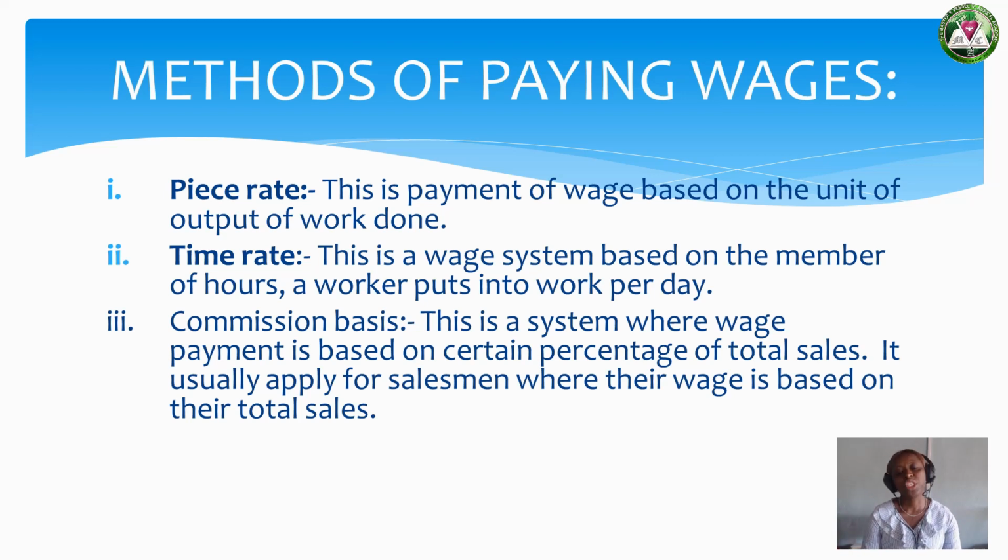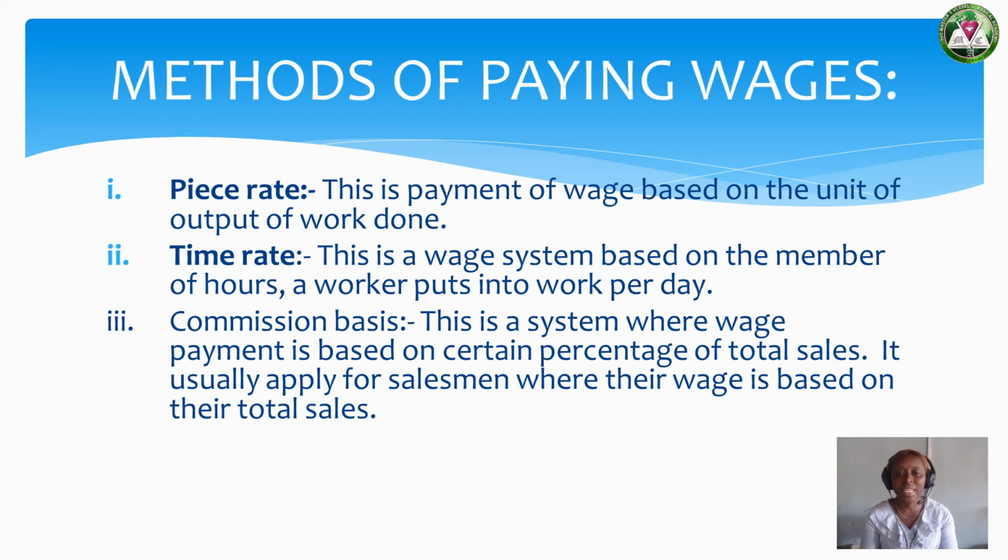3. Commission basis. This is a system of wage payment based on a certain percentage of total sales. It is usually applied to salesmen, where their wage is based on their total sales. As you sell, that's how your wage will be.